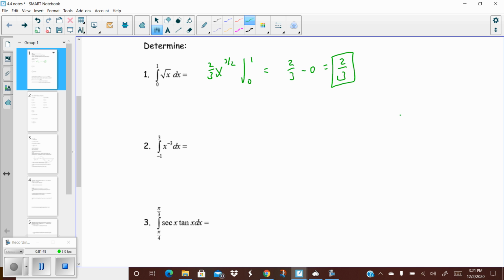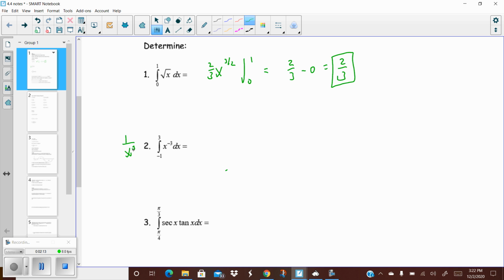The second one is put there because a lot of people are going to say, okay, well, the antiderivative is x to the -2, and then we'll divide by -2, which is the same as multiplying by -1/2. You can do all that, and then you can try and plug in your bounds. The problem is, x to the -3, the original function, is the same thing as 1 over x cubed.